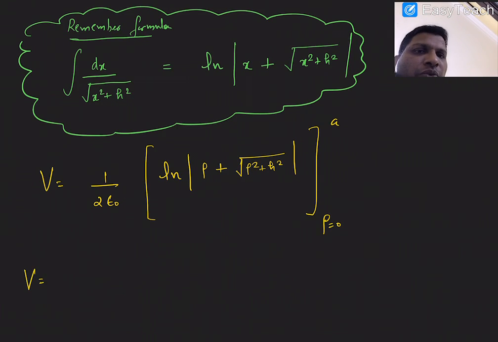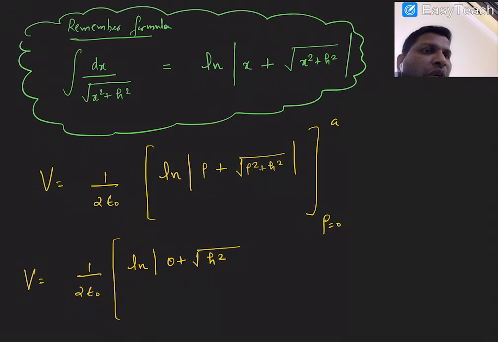So V is equal to 1 by 2 epsilon 0 ln of, first if I apply rho is equal to 0, then this becomes 0 plus root of h square. Sorry, first I will apply the upper limit.